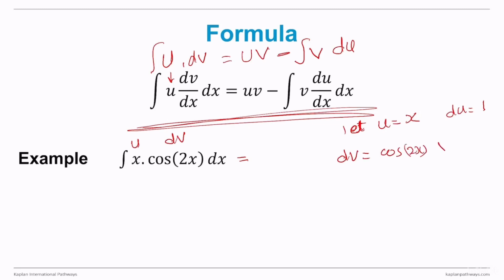Therefore, v is going to be the integral of cosine 2x. What's the integration of cosine? The integration of cosine is sine. So it's sine 2x divided by 2, which is the coefficient of x, or the derivative of the 2x. Okay?